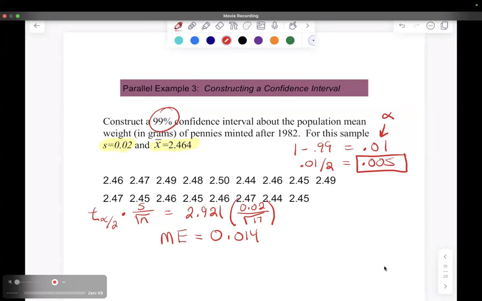All right. So now we need our confidence interval. One way to write it would be 2.464 plus or minus 0.014. Oh, wait, no, I did do that. The other way to write it is to actually add the 0.014 and subtract the 0.014.